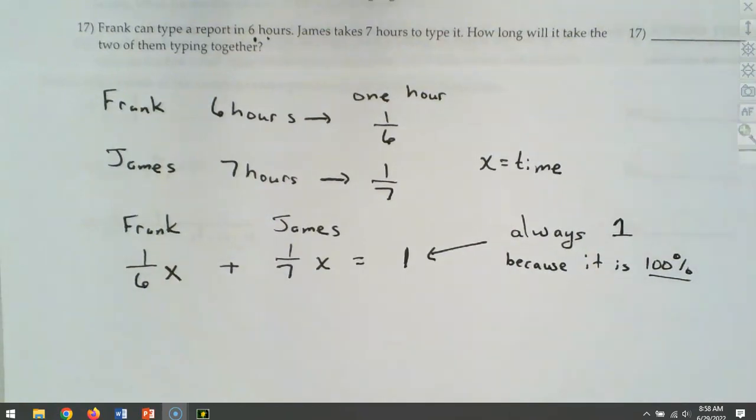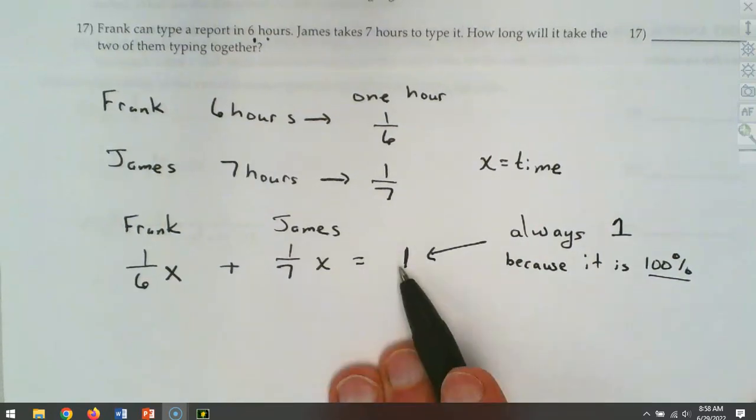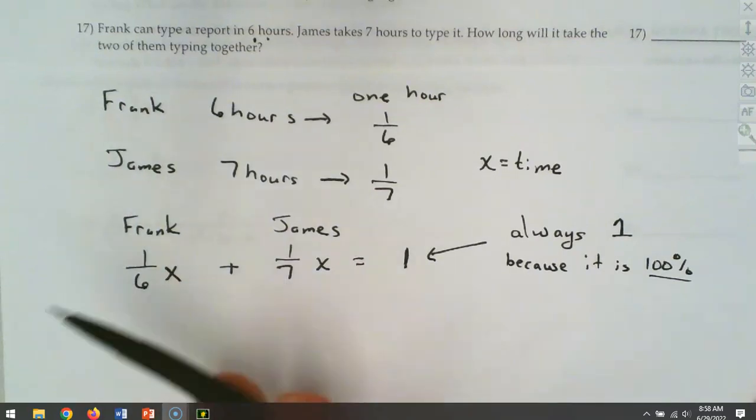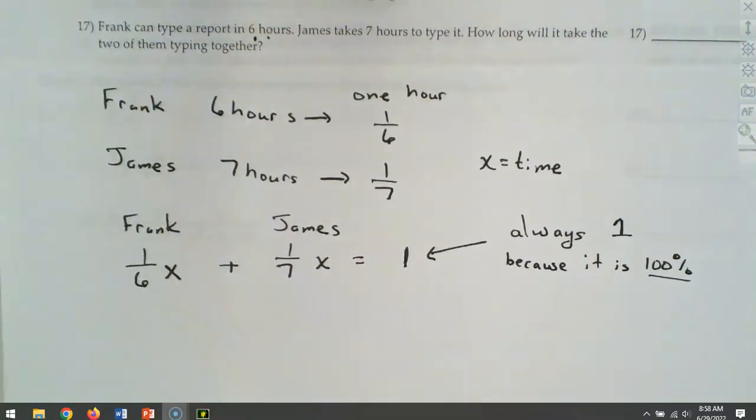We can be filling up a sink. We can be, like in question 16, cleaning up a yard. We're going to clean up 1 yard, we're going to paint 1 house. In this case, we're going to type 1 report. So when you build your equation, it's always 1. And we have the fractions because we have to look at how much work they do per hour.